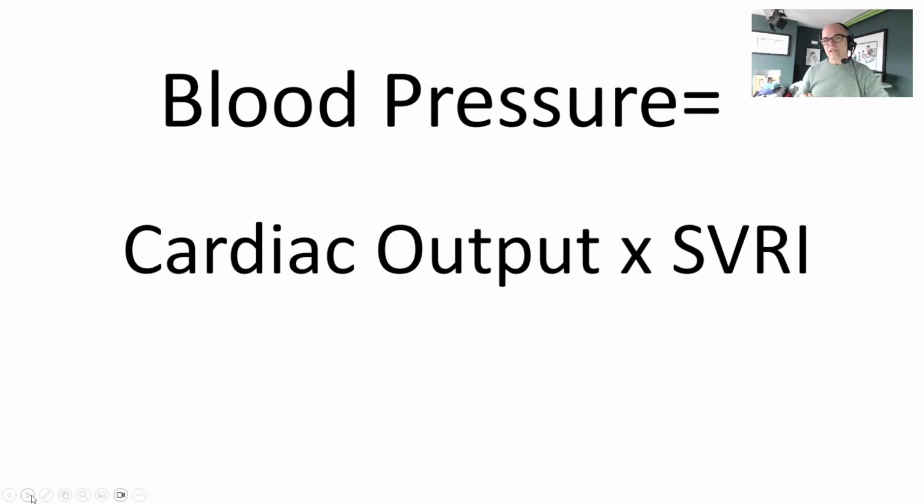The other value you may see on things like the LiDCO machine is the stroke volume variation. So that basically is telling you that when the patient breathes in, the pressure within the circulation will change, because as they breathe in, the whole thoracic cavity's pressure will change, which means that you'll get a very slight swing in the stroke volume because of that pressure change.